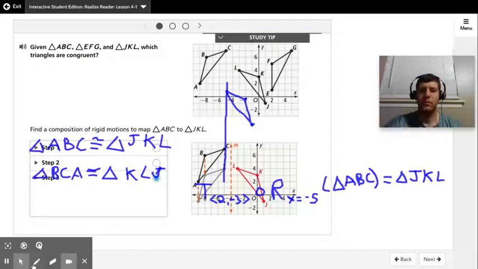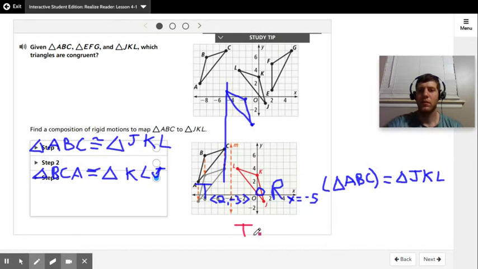So if we wanted to write theirs out, the first thing they did was a translation 3 down, so 0, negative 3, of triangle ABC.